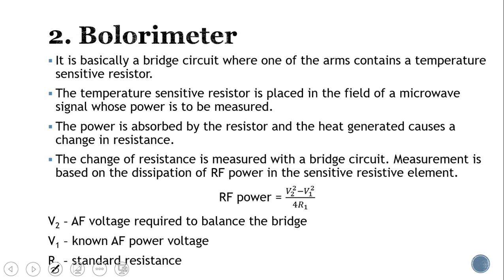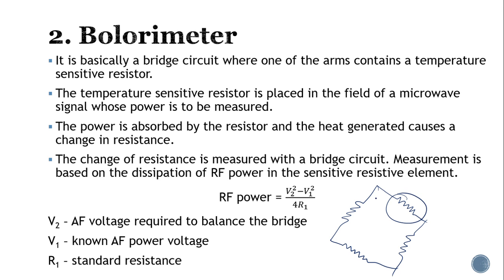In the bolometer again, you have a bridge. It can be a Wheatstone bridge, it can be any kind of bridge. Now, in this particular bridge, one of the resistive elements will be a temperature sensitive resistor, and this temperature sensitive resistor is placed in the field of the signal whose power is to be measured.